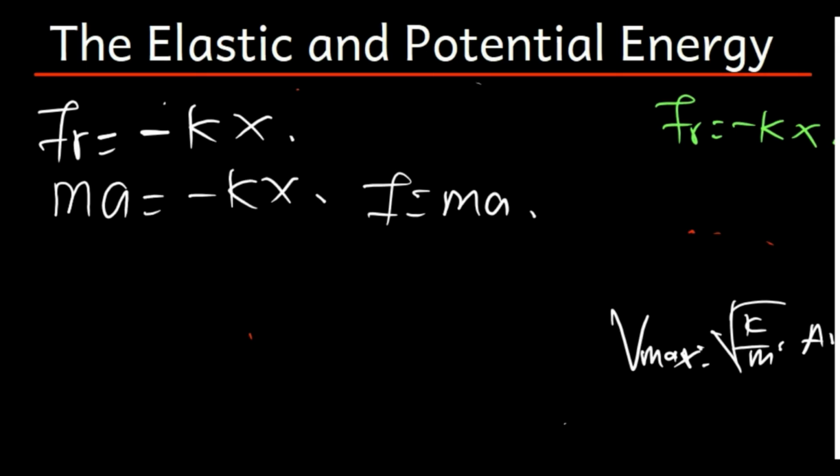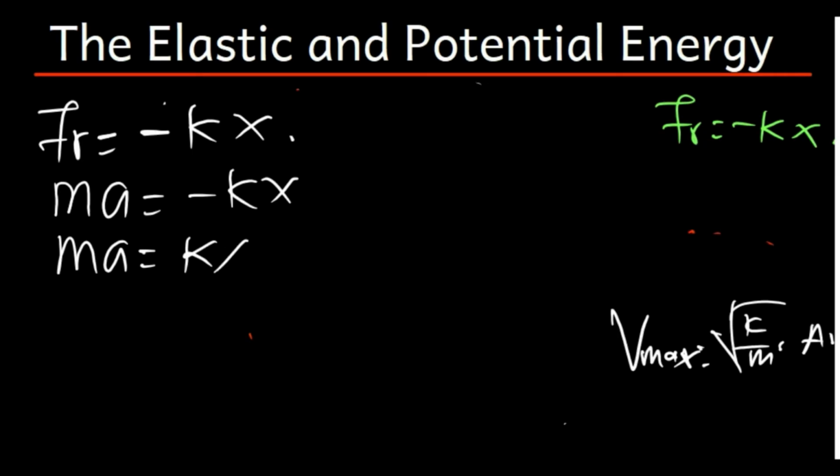But what we need to understand again is that this negative, if I want, I can ignore it, because this resultant force is also going to carry a negative. So ma is going to be equal to kx. So this is going to give us a equal to kx divided by m.